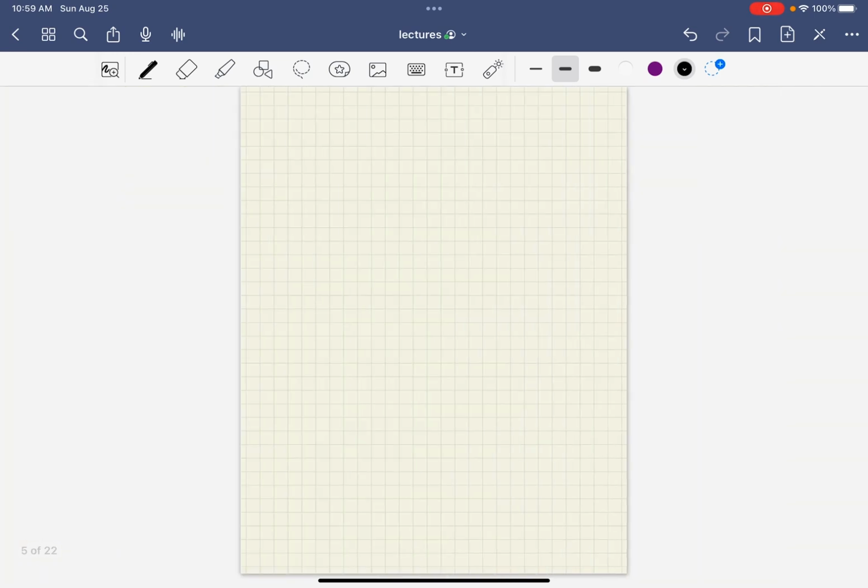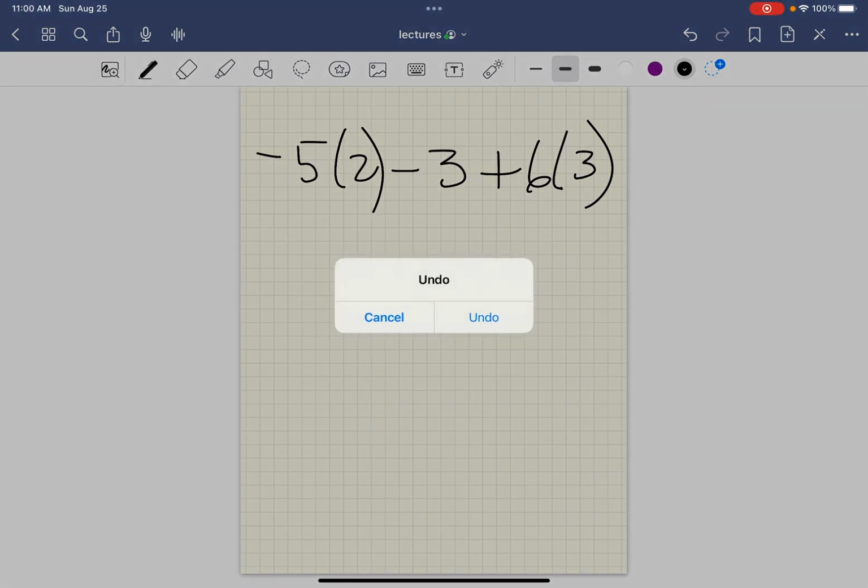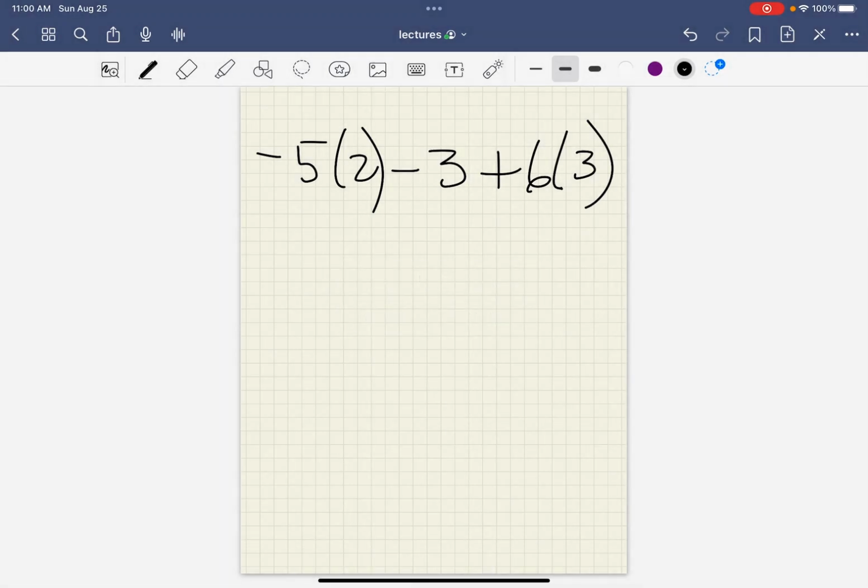Next is negative 5 times 2 minus 3 plus 6 times 3. So what do you think we need to do first in this problem? No parentheses to speak of, no exponents. So we're going to skip down to multiplication. So there's one and there's one. Negative 5 times 2 is negative 10.